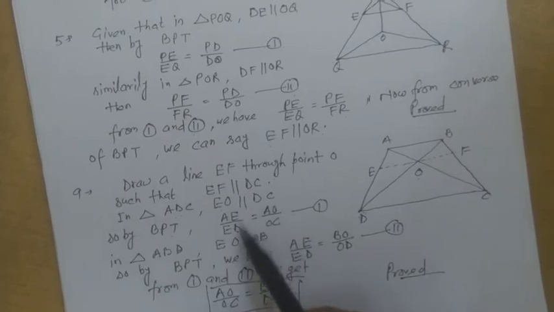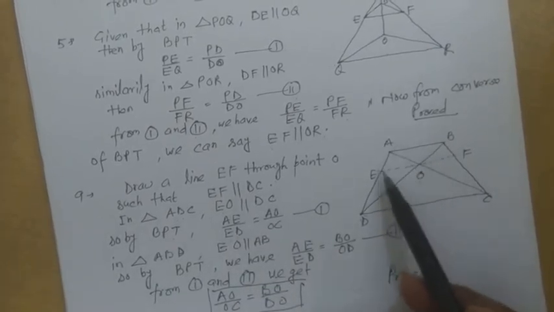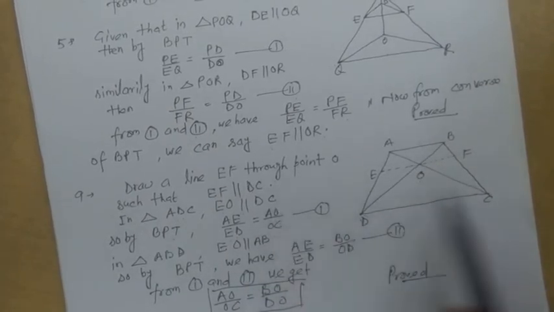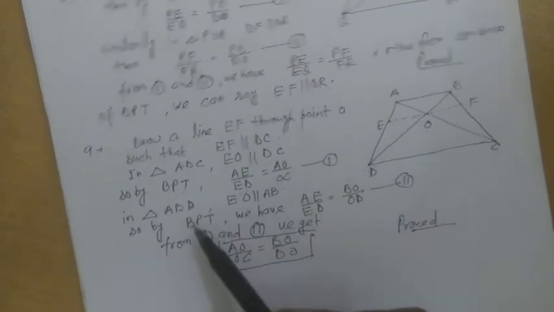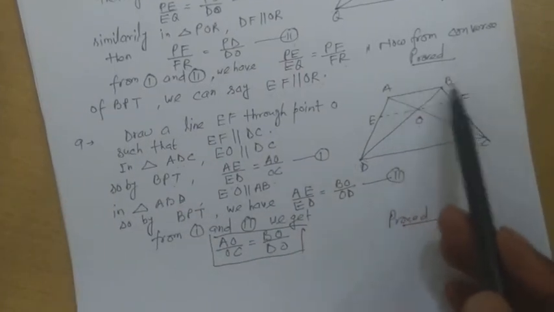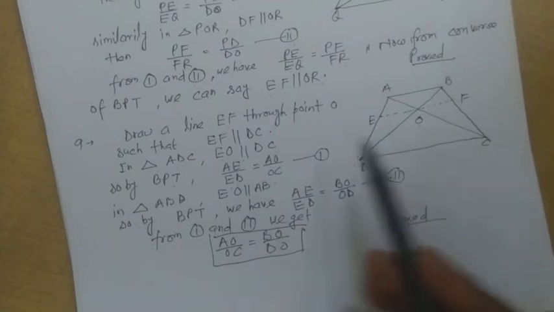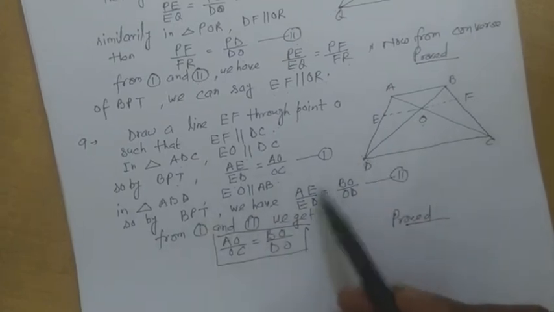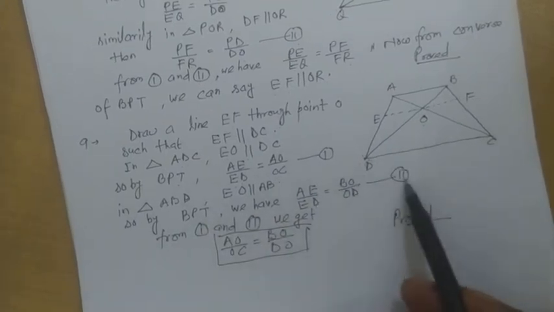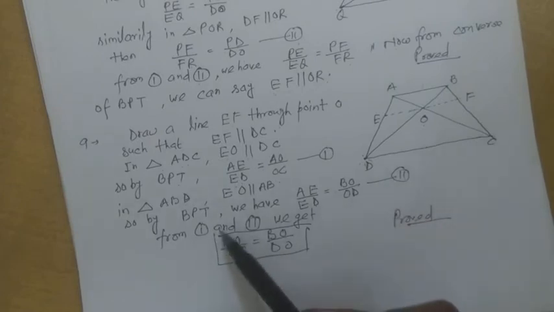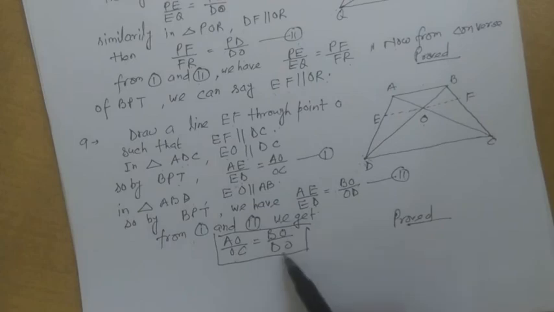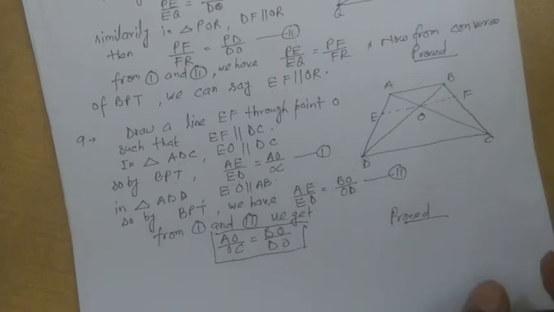So by BPT, AE upon ED is equal to AO upon OC. Similarly, in triangle ABD, we have AE upon ED is equal to BO upon OD. So combining the first and second equation, we get AO upon OC is equal to BO upon DO.